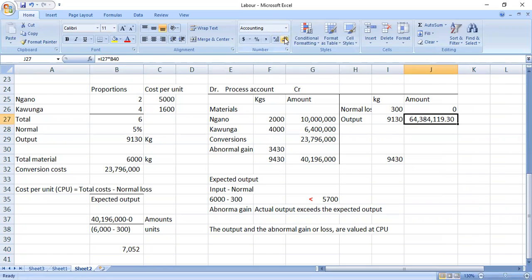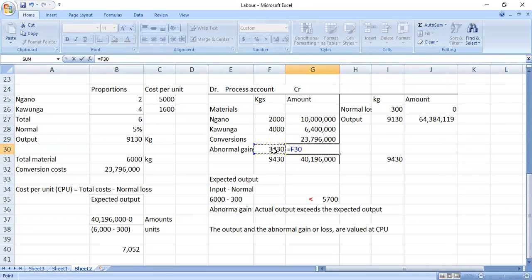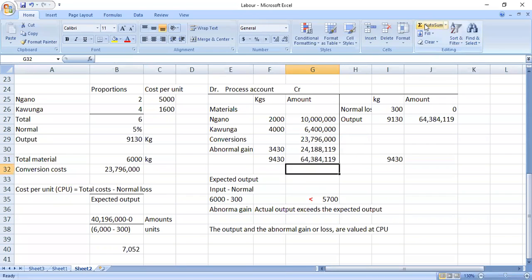Then come to your abnormal gain, and the value is 3,413 units times the CPU, which is 7,052. So when I now add the new total for the amounts, it becomes 64. And when I add this side of the credit, automatically they must also give me a total of 64, right?